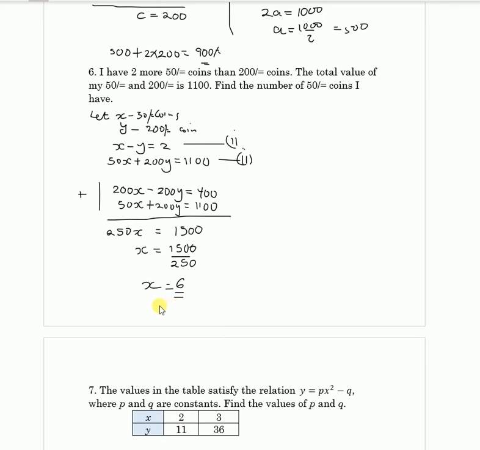And here, find the number of 50 shilling coins I have.